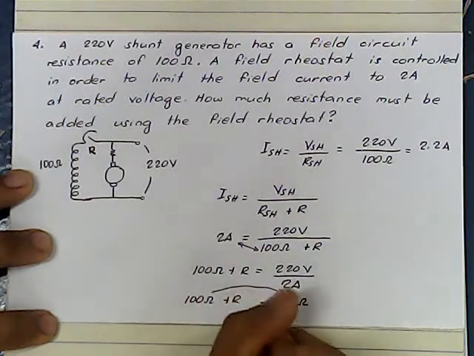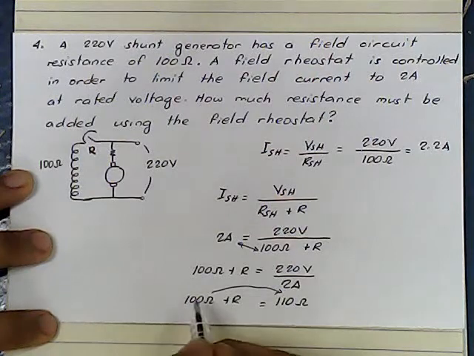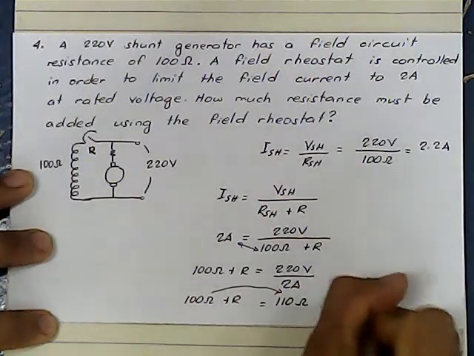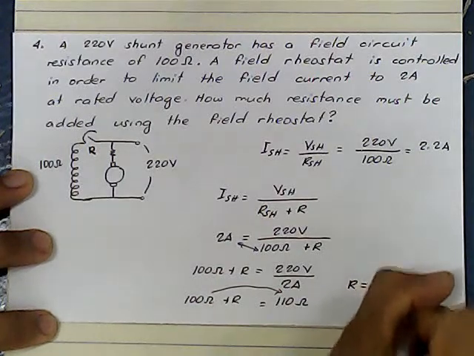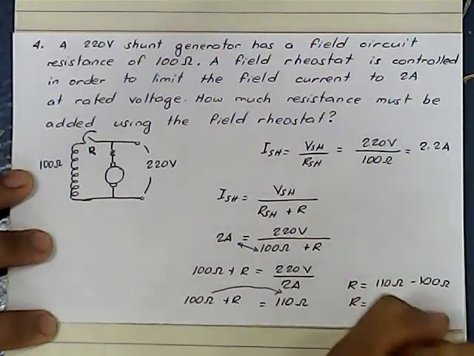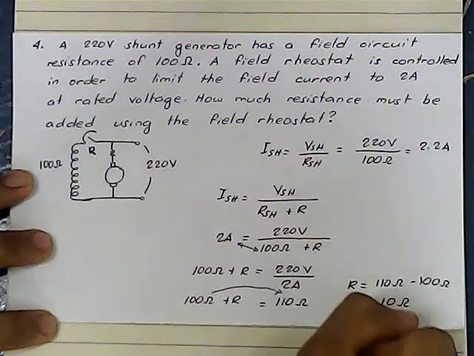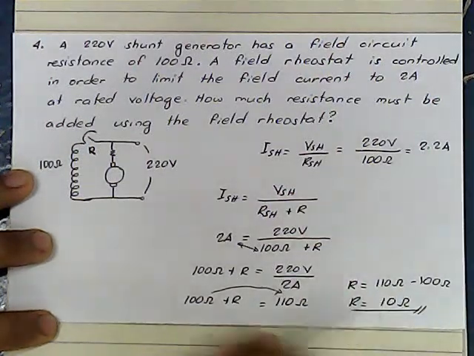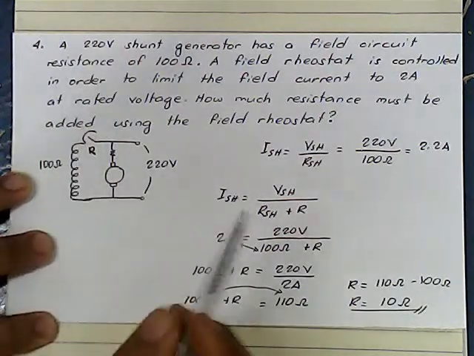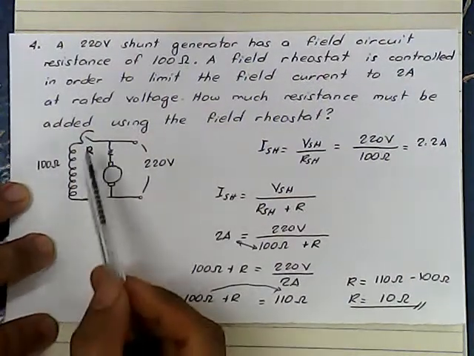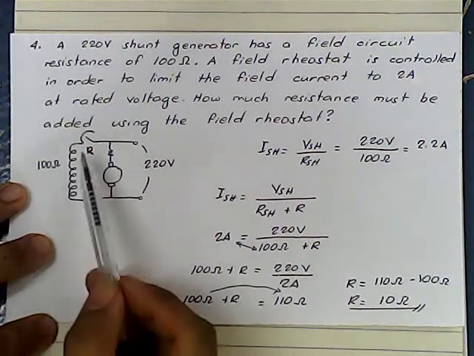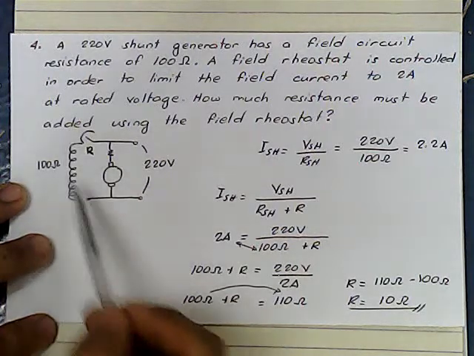Again, transpose natin dun sa kabila yung ating 100 ohms, magiging negative. So that will give us R is equal to 110 ohms minus 100 ohms. This will give us 10 ohms na value na ilalagay natin dito sa ating resistance. So, ginagawa natin yung paglalagay ng rheostat dito, no, sa ating field circuit nang sa ganun makontrol natin yung kuryente dito.